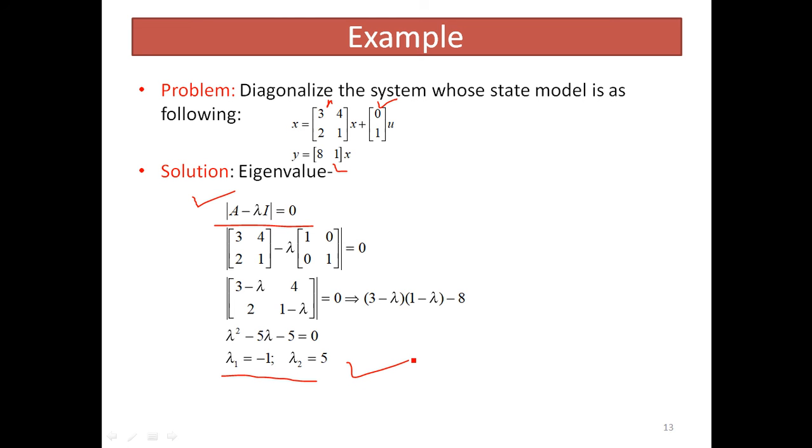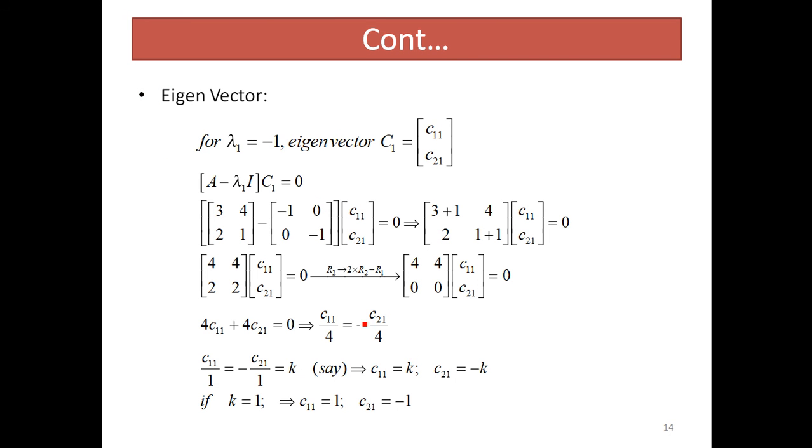Once you have the values of the eigenvalues, you can calculate the eigenvectors corresponding to them. In one case we consider one eigenvalue, in another case we consider another eigenvalue. With respect to one eigenvalue, you get one eigenvector. So initially we take the eigenvalue lambda 1 equal to minus 1, and let us assume the eigenvector is C1 whose elements are C11, C21.